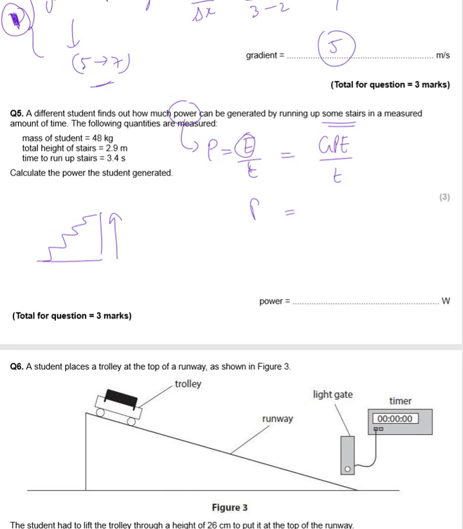So GPE is mgh over time. m we know is 48, g is 10, and the height is 2.9, divided by 3.4. The answer is straightforward. There we go, 409. Again, if you got this wrong, this is the working out for that.